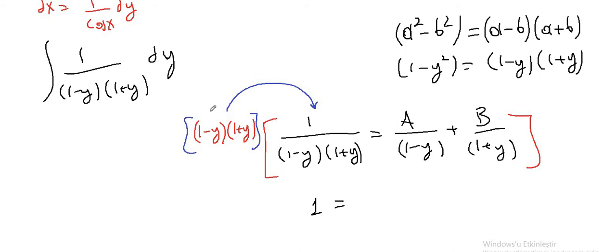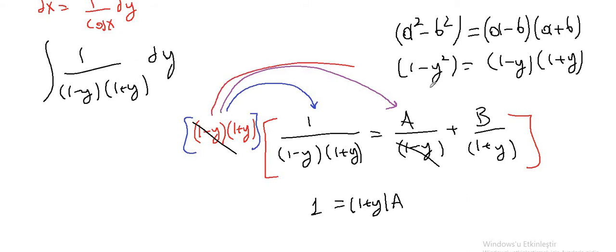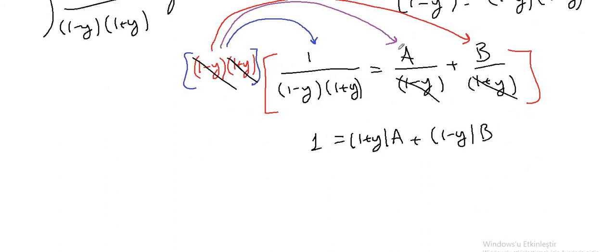And the same expression multiplied by the second fraction gives us just 1 plus y times a, because 1 minus y cancels. And this whole expression multiplied by the third fraction gives us 1 minus y times b, because 1 plus y and 1 plus y cancel. 1 minus y times b stays.